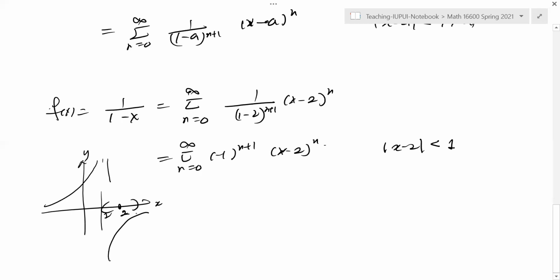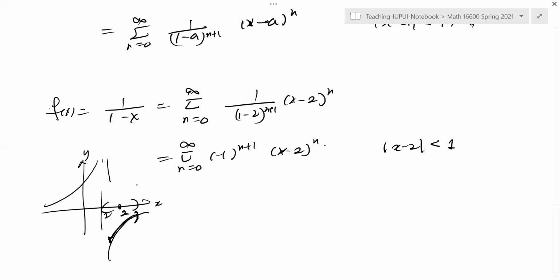Over that interval, that piece of function can be written as a power series. In other words, for x in this interval, this power series is convergent, not only convergent, but convergent to that function, 1 over 1 minus x.